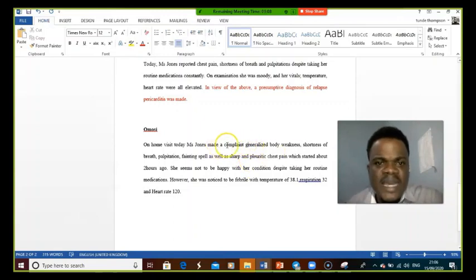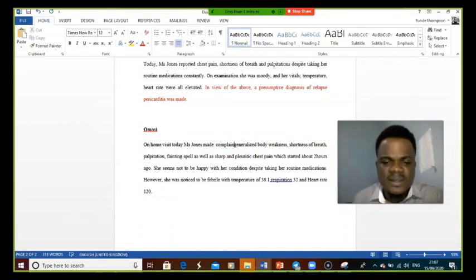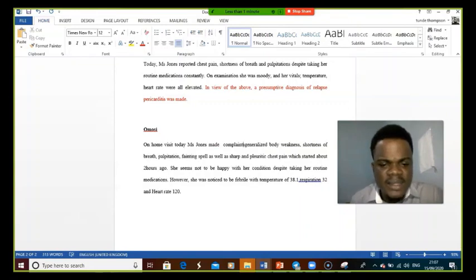But if you say "a complaint" and you are listing a lot of complaints here, you should say "made complaints of generalized body weakness, shortness of breath, palpitation, fainting spell, as well as sharp and pleuritic chest pain, which started about 2 hours ago." If you say 2 hours ago, that will not be right, because at the time the person is receiving it, 2 hours would have exceeded. You will say "of 2 hours duration." That will be the right thing to write.